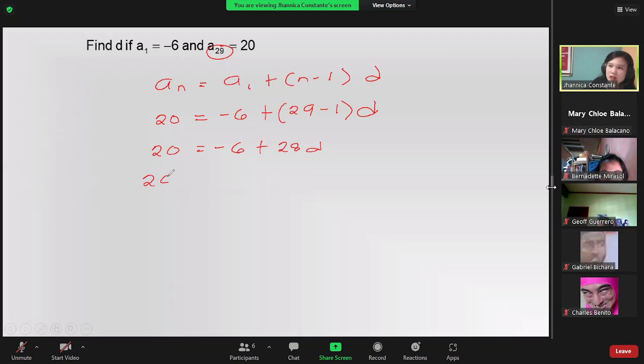So 20 plus 6 is equal to 28d. So 26 is equal to 28d. Divide both sides by 28. So the common difference of our arithmetic sequence is equal to 0.93.